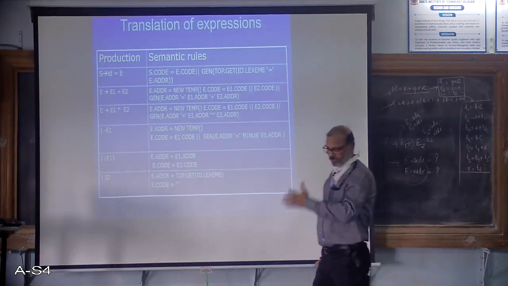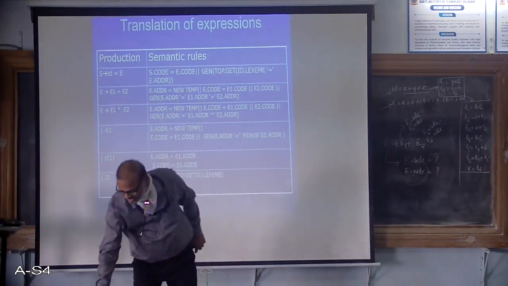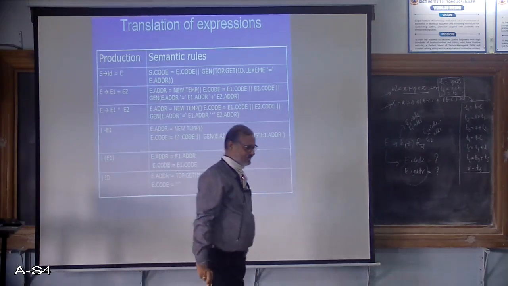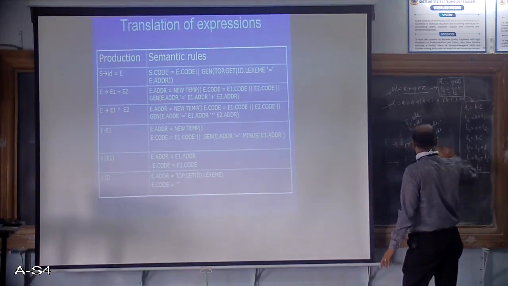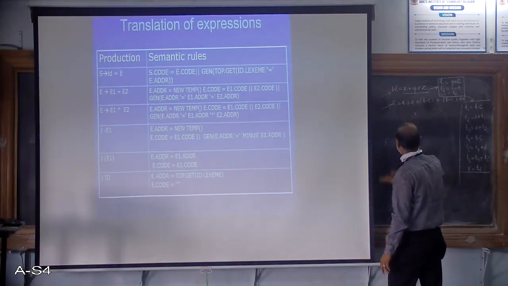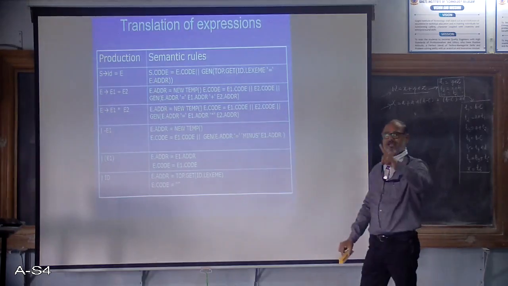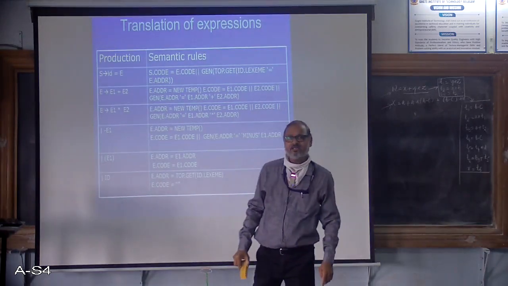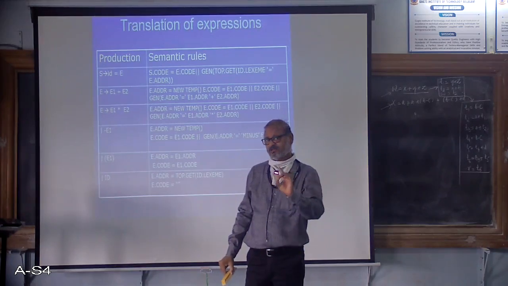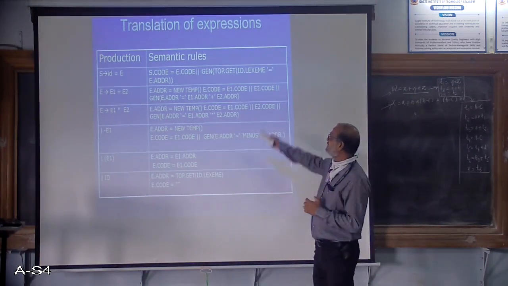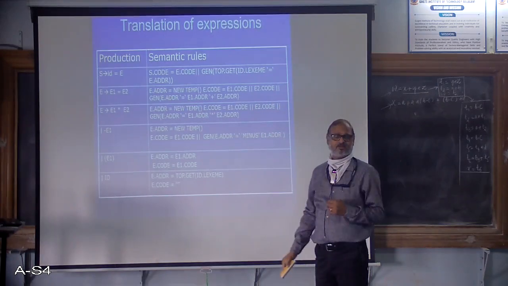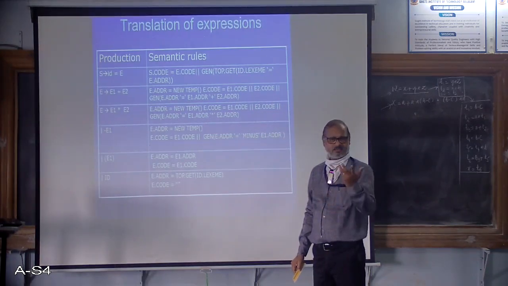Now let me discuss how these semantic actions get executed, and when they get executed, how they are going to evaluate the attributes, and then finally how they are going to generate the intermediate code, which is the sequence of 3 address code. Let me explain these semantic rules in connection with, say, an LR parser.